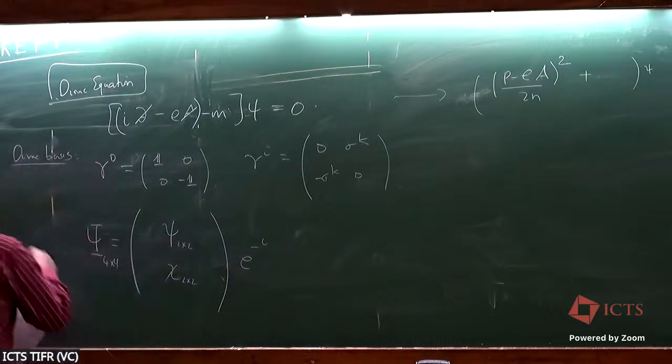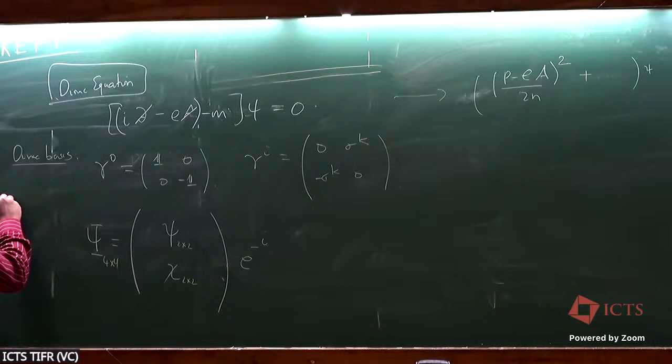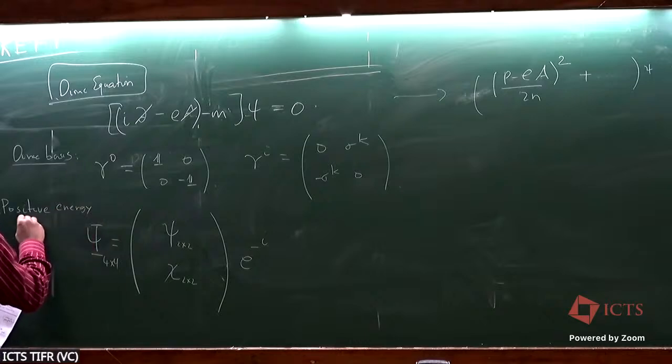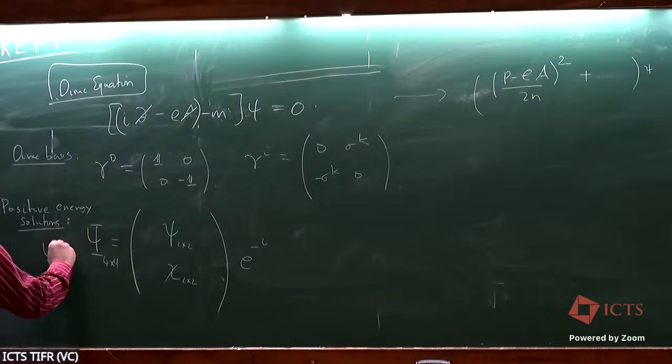Okay, so let us look at, say, positive energy solutions. Everybody recall what the positive energy solutions are for the Dirac equation? Anybody has any questions? This is the u vector that we define, u of p.